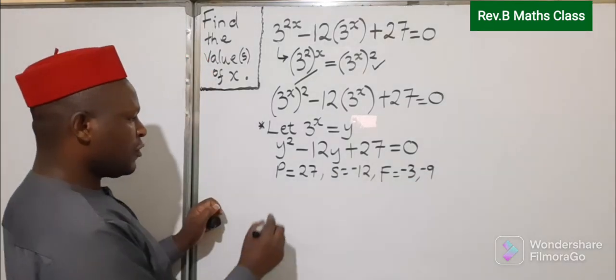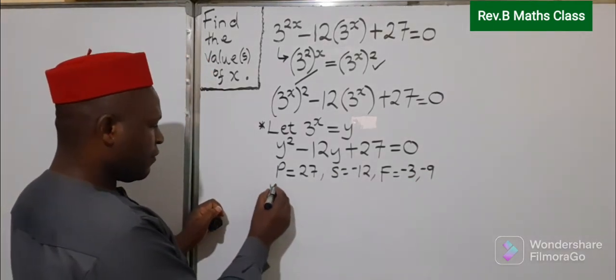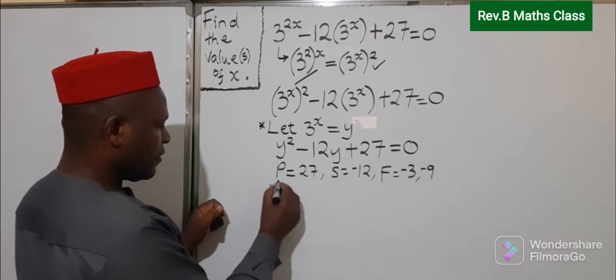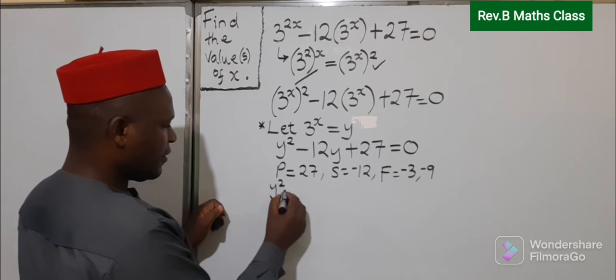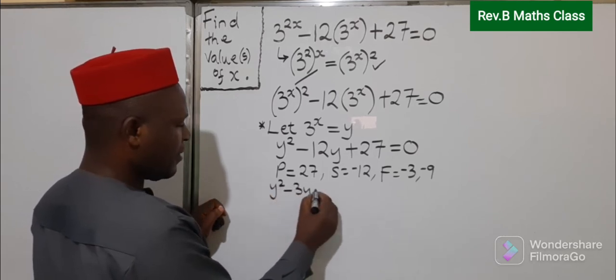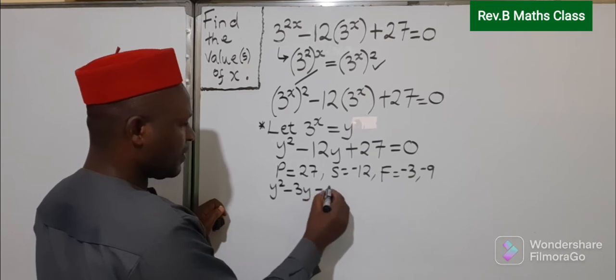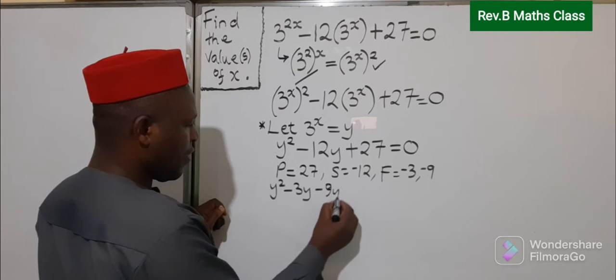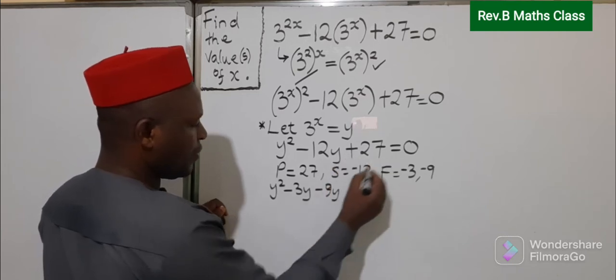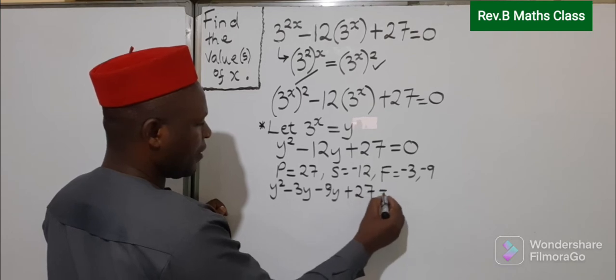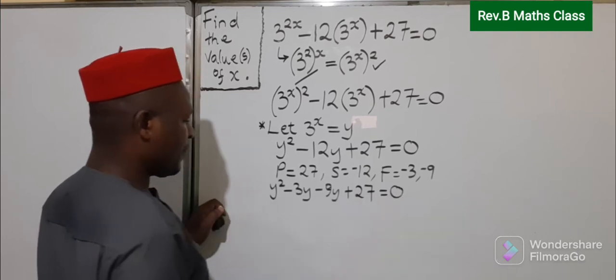So what you do at this point, you are going to have y squared minus 3y minus 9y, then you continue with this, plus 27 equals to 0.